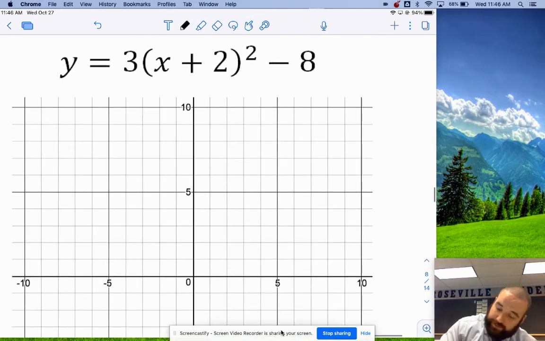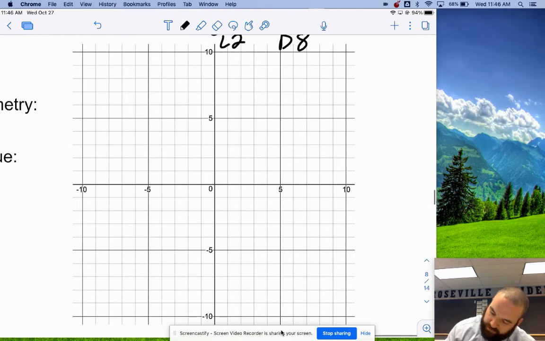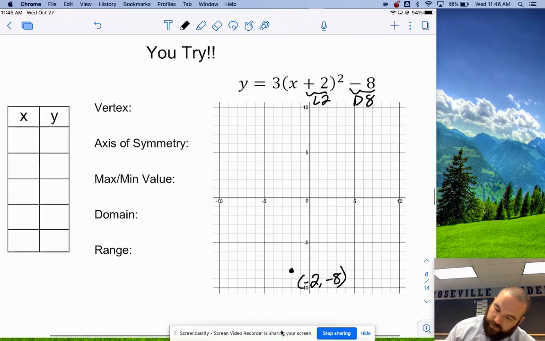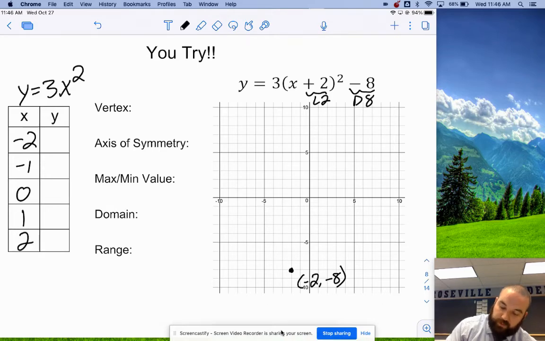All right, so we got left 2 and down 8. Okay, so left 2, down 8, my vertex is going to be down here at -2, -8. For the table of values, I'm just going to do y equals 3x squared. Because it's a whole number in front, I can just use my typical -2 to 2.